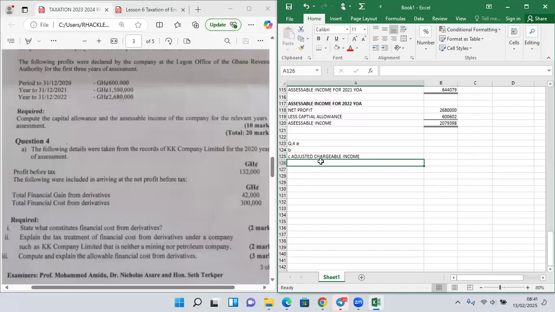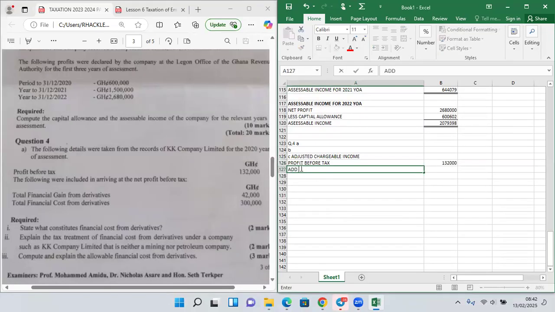So we start with our profits before tax. Then what we are going to do is we add back finance cost and then less finance gain because it was added back.